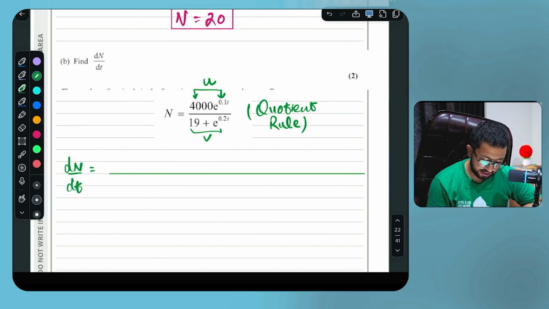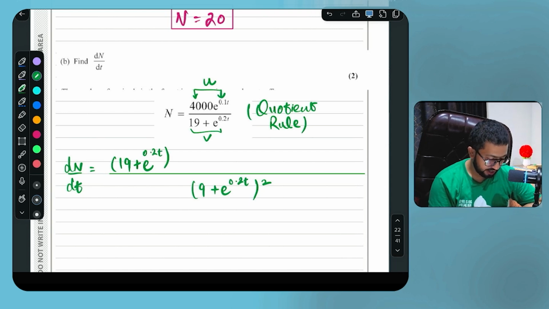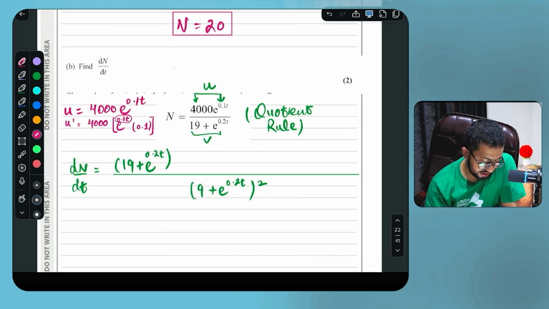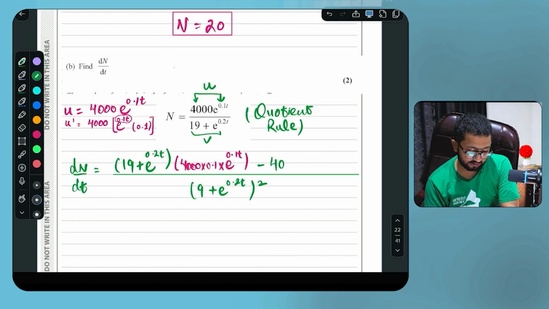Put the line and take the square of the denominator, which is v, and leave v as it is, and take the derivative of u separately. The derivative of u will be 4000 multiply 0.1 multiply e raised to power 0.1t, minus u as it is.